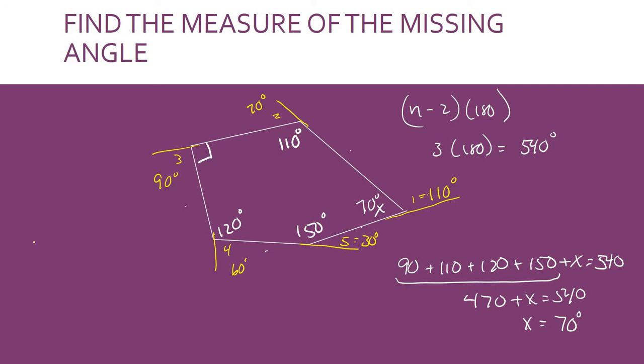If I add those up, 90 plus 60 plus 30 plus 110 plus 70, I'm going to get 90 plus 90 is 180. 110 plus 70 is another 180, 360 degrees.